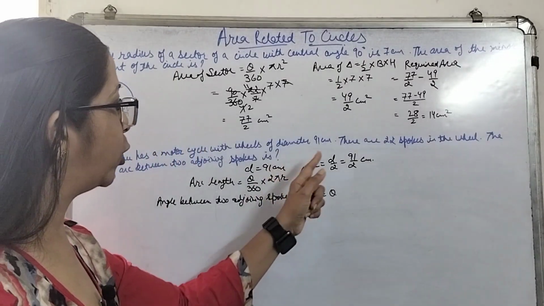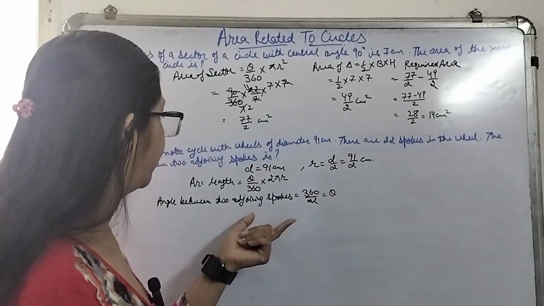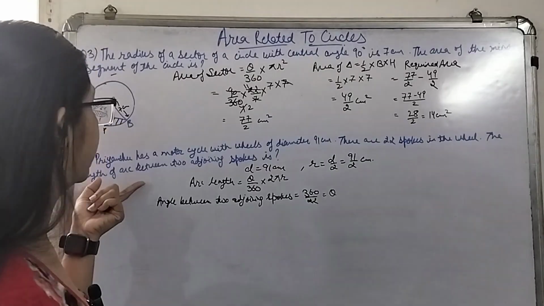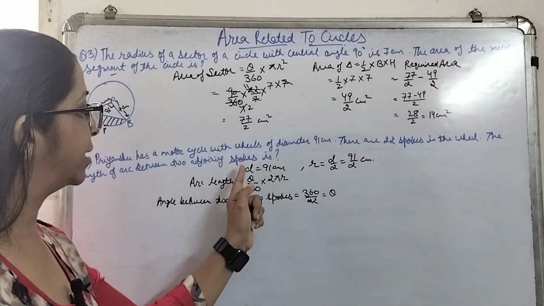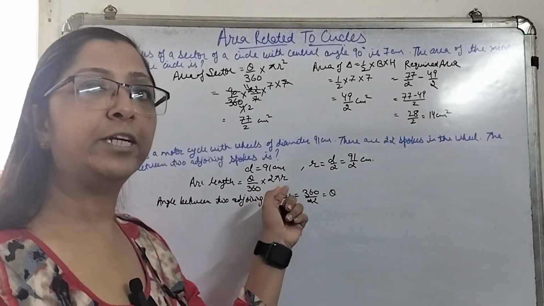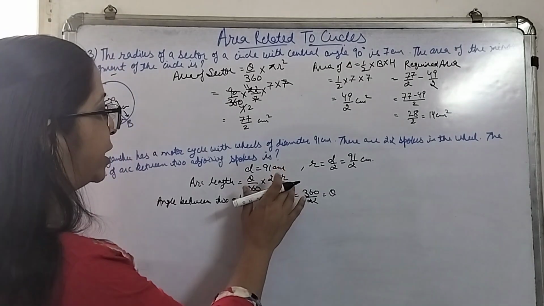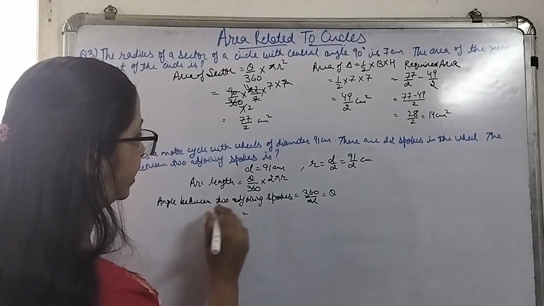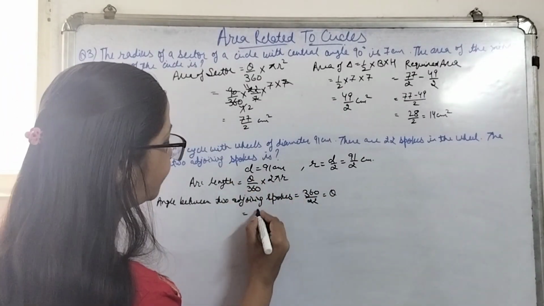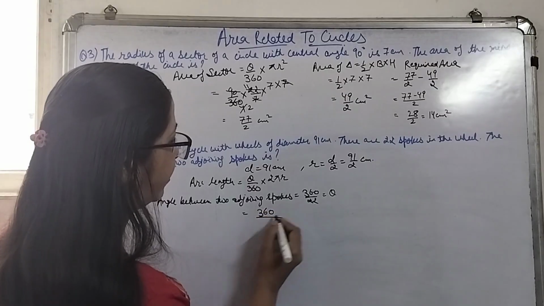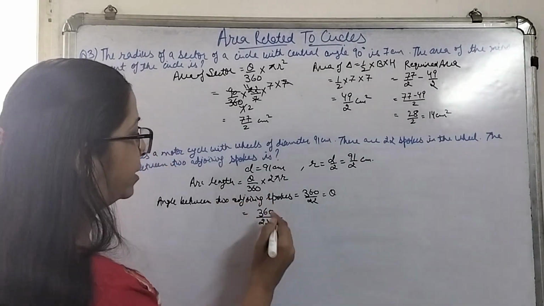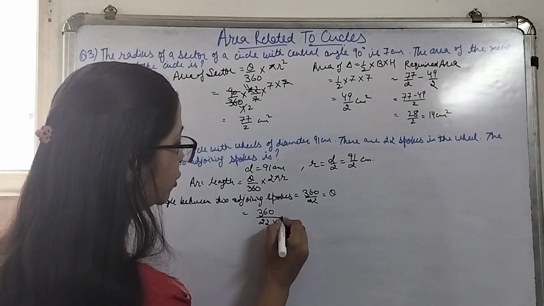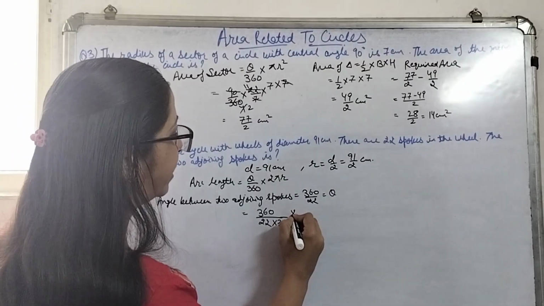Now we will keep the values of r and theta in the arc length formula, because only the arc length is required, and arc length is given by theta over 360 multiplied by 2 pi r. Theta is 360 divided by 22. 360 was already in the denominator, so we write it as it is, multiplied by 2.